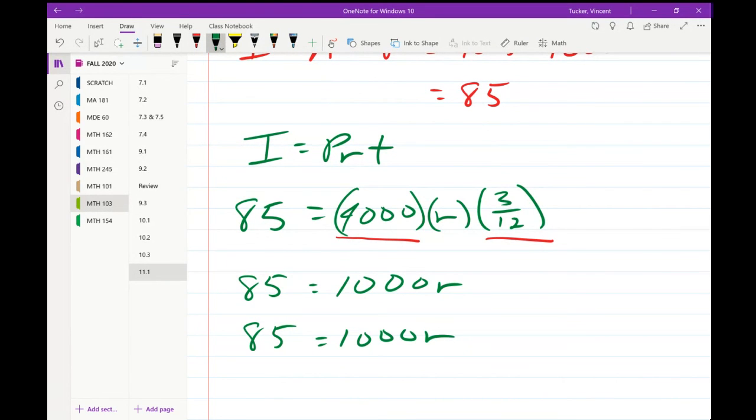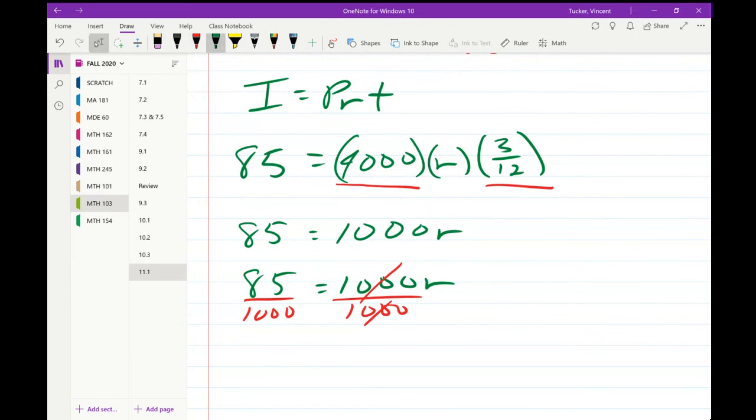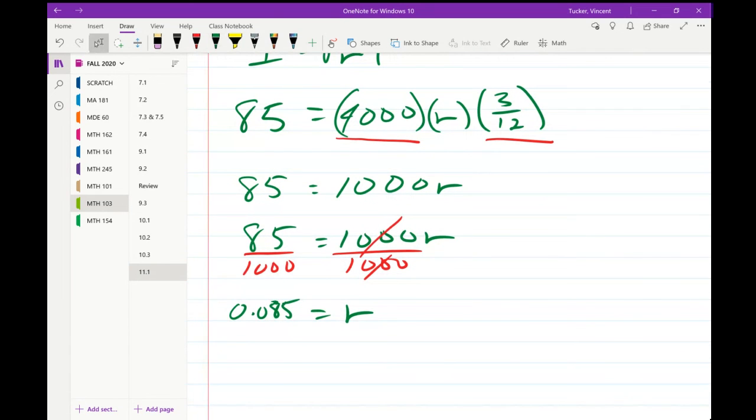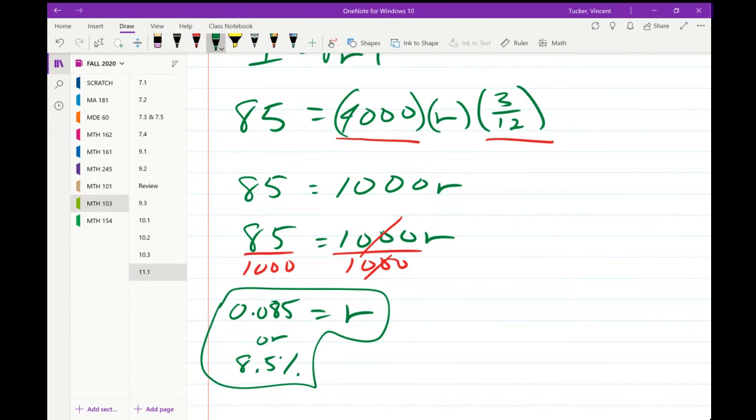And now we'll divide both sides by 1,000 to solve for R. And R is equal to 0.085. Whoever's sign will let you know if they want it in decimal or percent form.